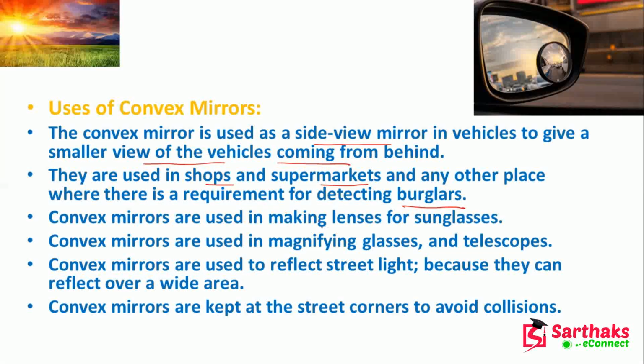Convex mirrors also make the lenses of sunglasses. Convex mirrors are used for magnifying glasses, telescopes. They are used to reflect street light because they can reflect over a wide area. Convex mirrors are kept at street corners to avoid collisions, and can be kept at the roadside.